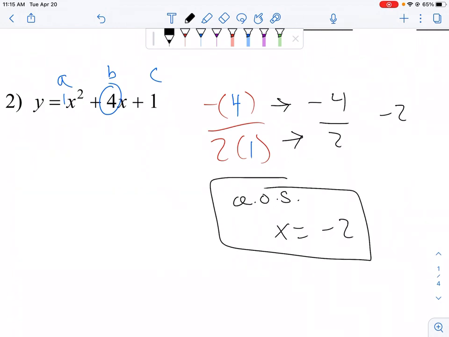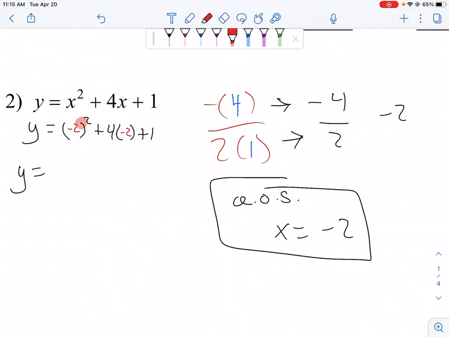To find our vertex, we're going to take that same point and plug it in. So I'm going to rewrite my equation with just parentheses. And then I'm going to replace x. I'm going to put a negative 2 in there. And then I'm evaluating. So I have negative 2 to the second power is a positive 4. 4 times negative 2 is negative 8.